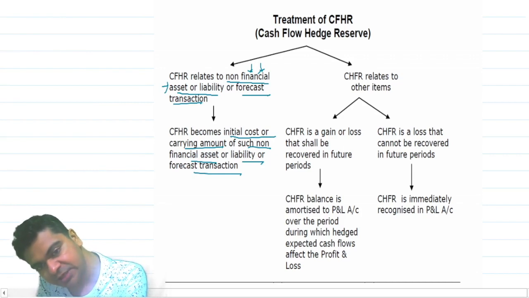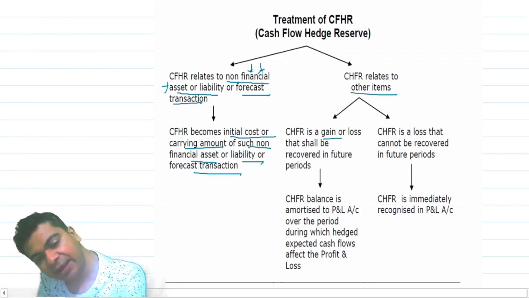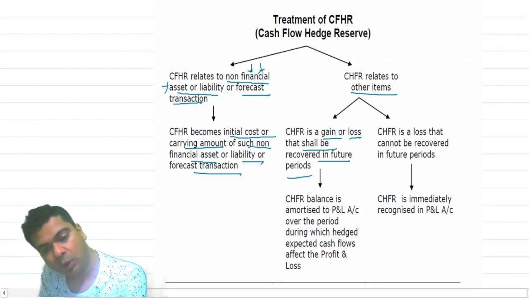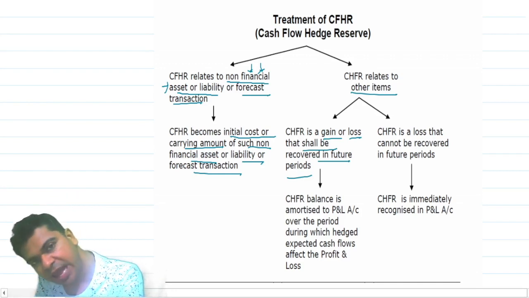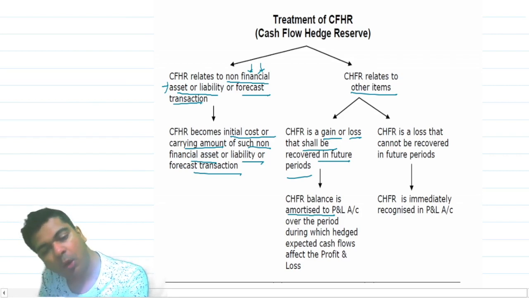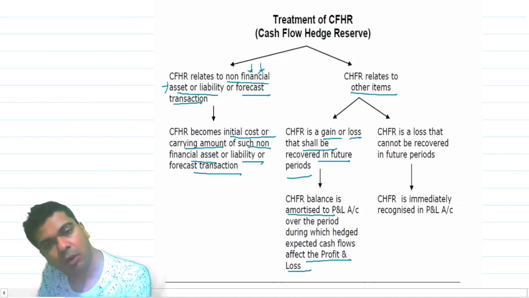If the cash flow hedge reserve relates to other items, the cash flow hedge reserve is a gain or a loss, but if it is a loss, it is such a loss that it will be recovered in the future periods. Okay. Then the balance in the cash flow hedge reserve will be amortized to the profit and loss account over the period during which the hedged expected cash flows affect the profit and loss account.